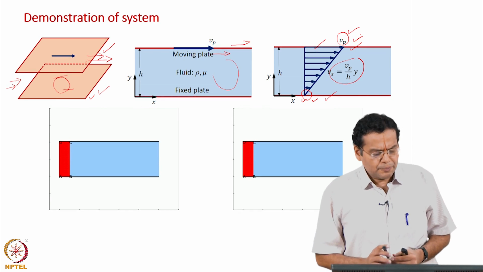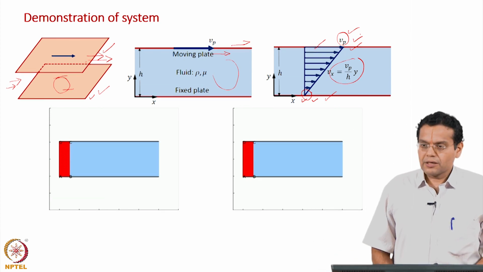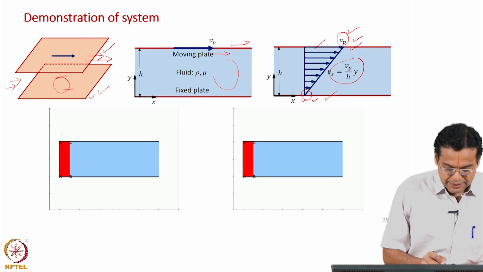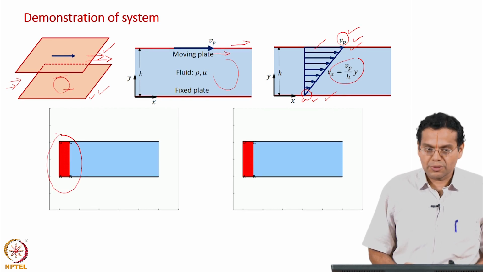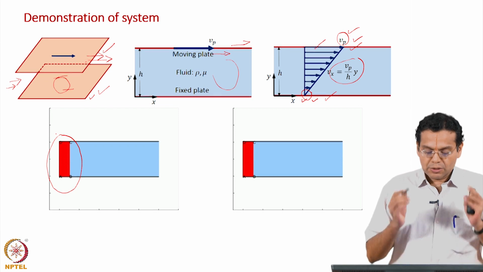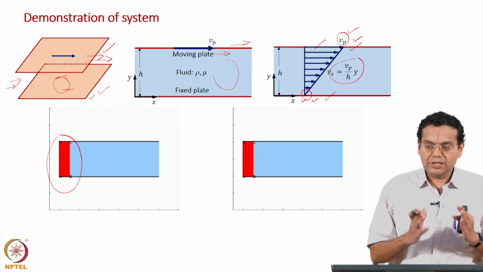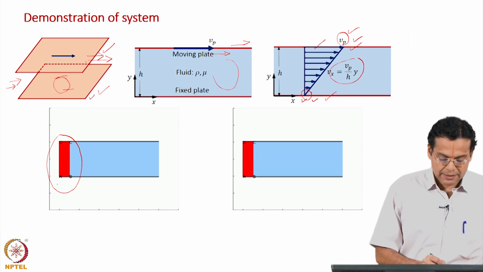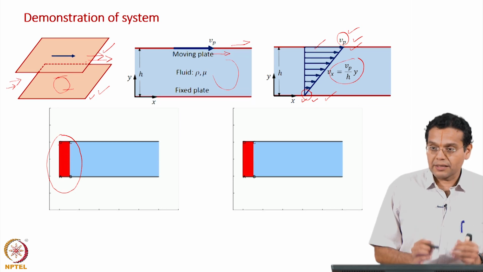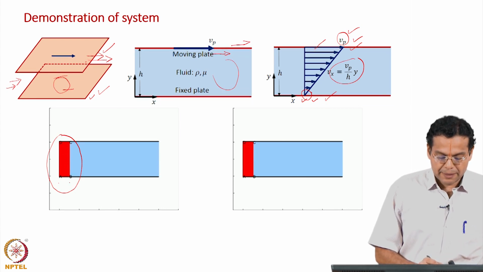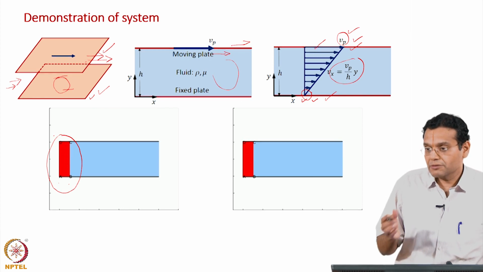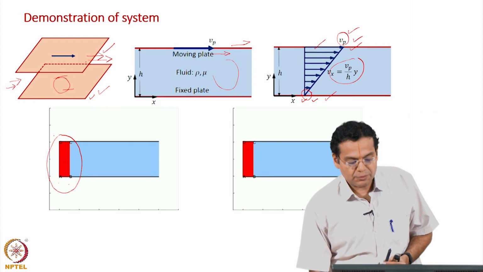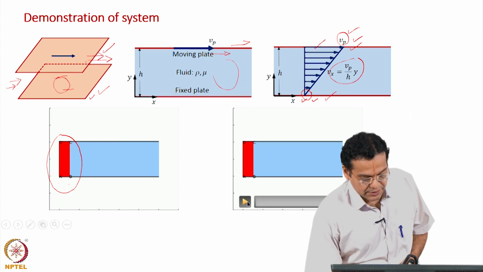Now, what I do at a particular instant of time, I select a region and then let us say color it with red dye, and that is what is shown here at time t. So, whatever you color defines your system. In this case this rectangular region defined by A, B, C, D is your system. Now, because of the fluid being set in motion, let us see what happens to this system.